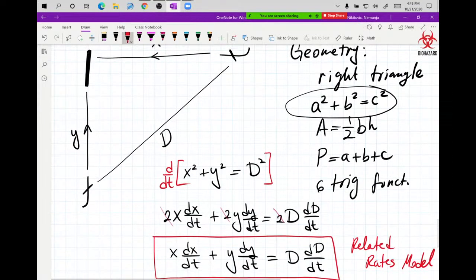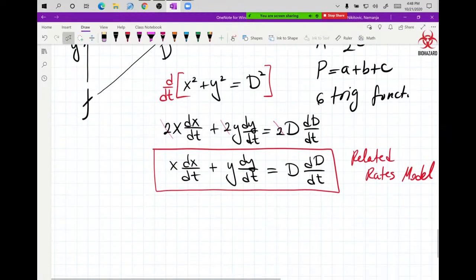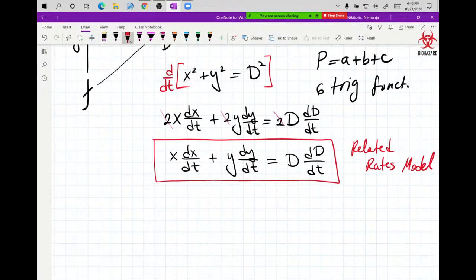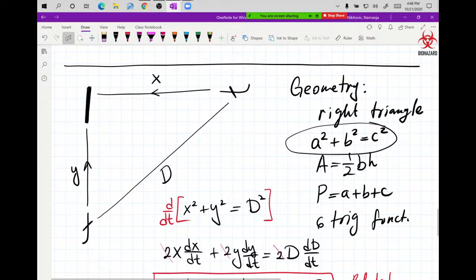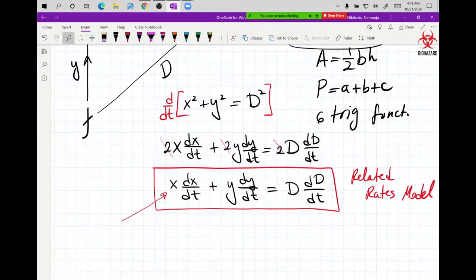I would like to ask, what do all of these mean? What is x? Looking at the picture, what is x? Distance for the plane to reach the airport. Excellent. Distance from plane 1 to the airport. This becomes plane 2.